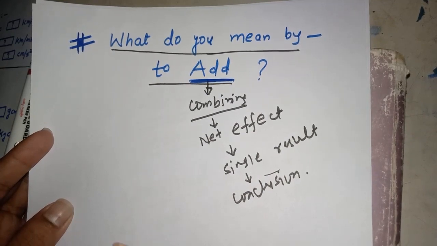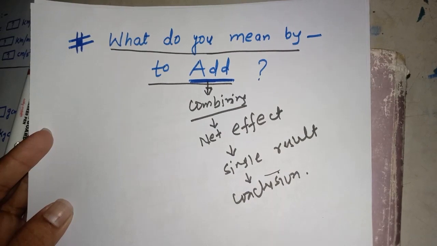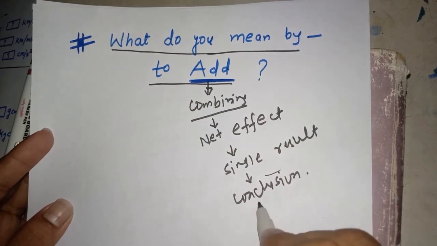That means if 5 players kick the ball in different directions, after the kicking, the ball will move in a single direction, with a single impact or force or speed. Before the kicking, various players can act by various forces and in various directions. But after the kick, the ball will move in a single direction with a single impact.